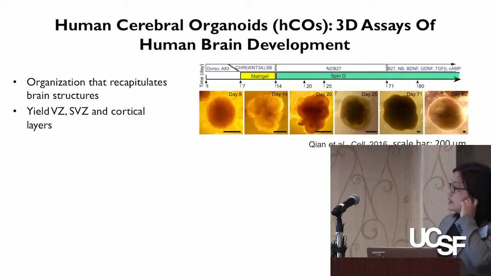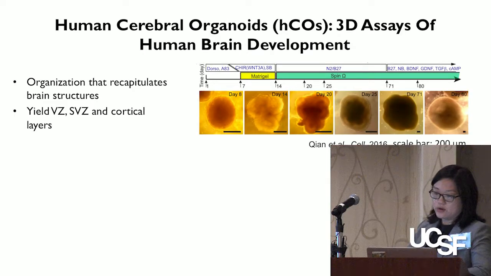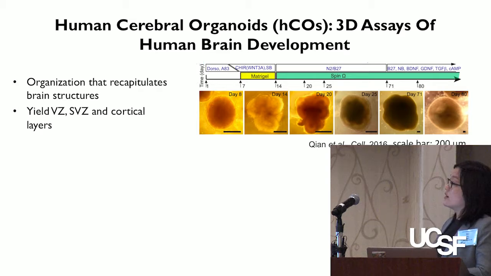In addition to this 2D neural rosette experiment, our lab has started generating mini brains in a dish. We also call them human cerebral organoids, a 3D assay of human brain development. We have been able to generate these organoids from different protocols. Here I just show you one of the protocols we're using, published in 2016 by Qian et al.